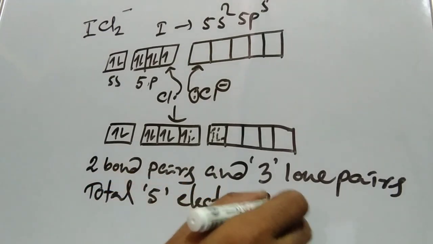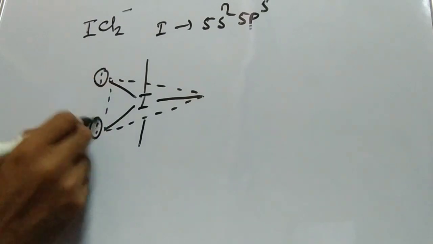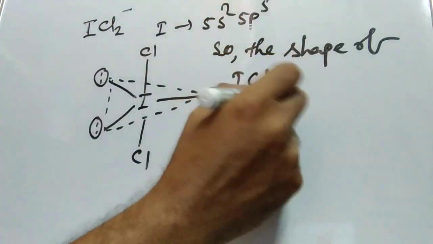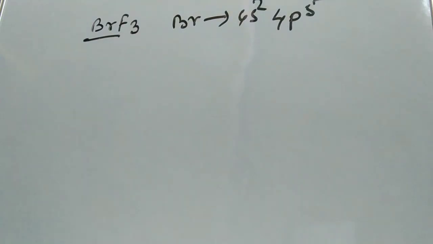If we consider the environment of any group in an axial position, we find that it has three neighbors at 90 degrees in the equatorial plane. Consequently, it will experience three strong repulsions from its neighbors.